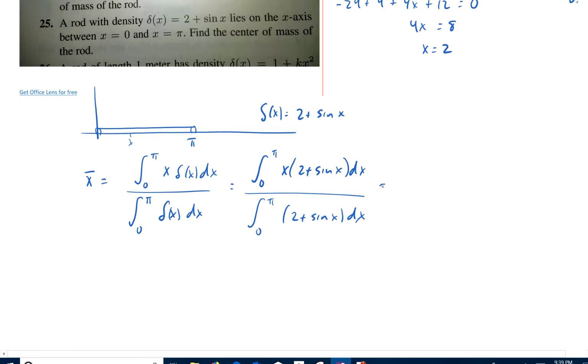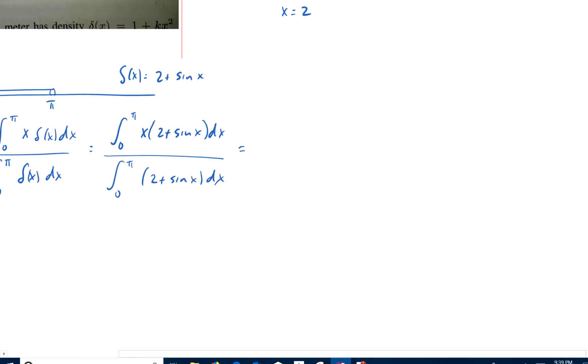Then I get some nice integrals to do here. So I'm going to have the integral from 0 to pi of 2x plus x sine of x dx over the integral from 0 to pi of 2 plus sine of x dx. Now this one, I look at the denominator, it's like, yeah, I can do that. The numerator, I can do that easy enough.